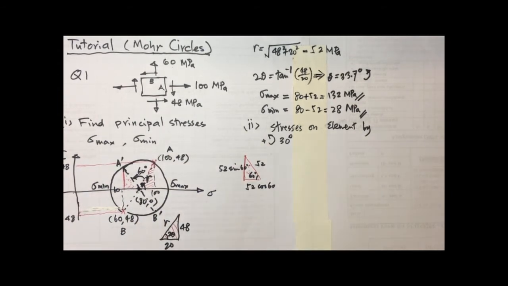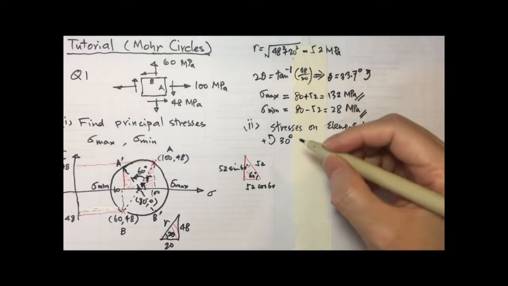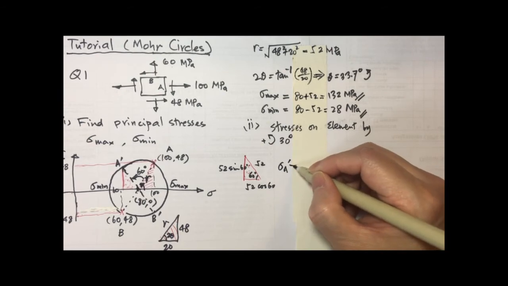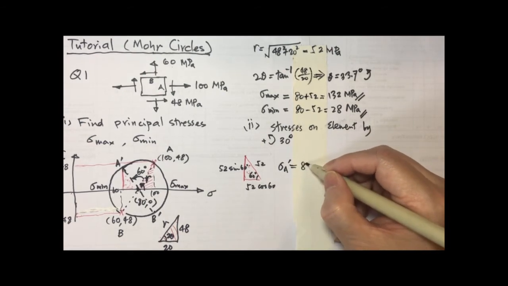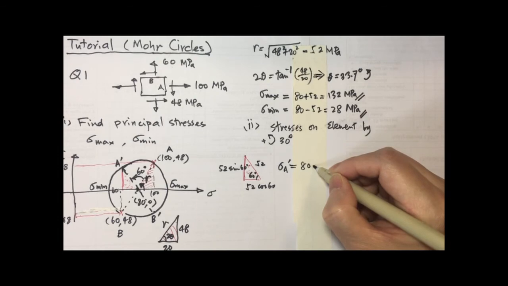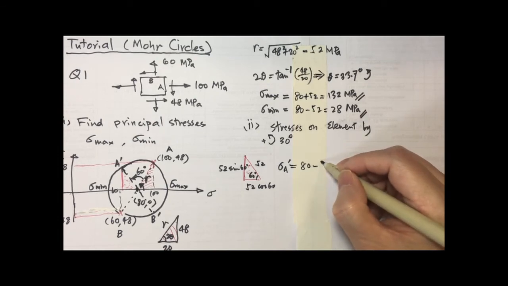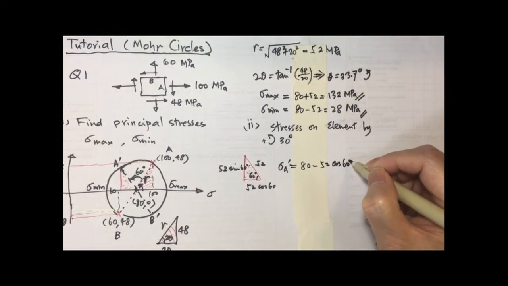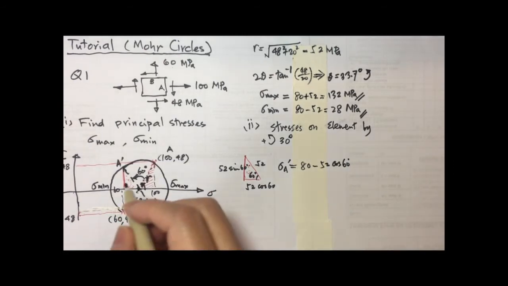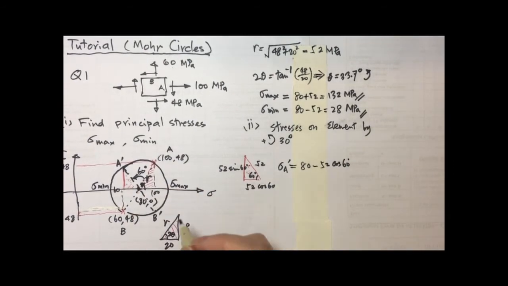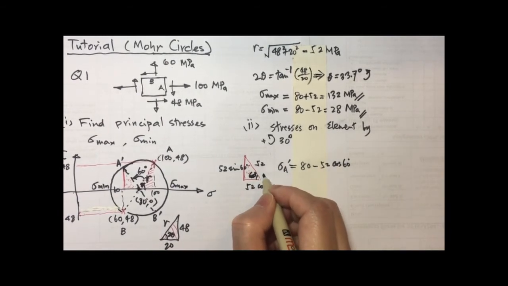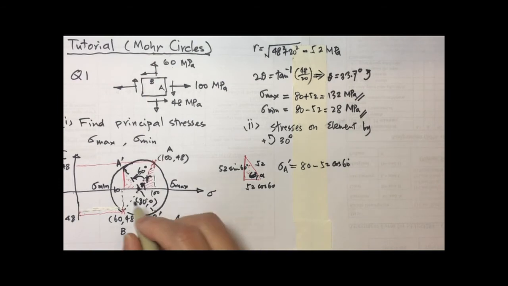So the sigma A dash equals 80 minus, right, 52 cosine 60, right? Oh, sorry, you have to know that it's not 60, right? That's alpha. What's alpha?